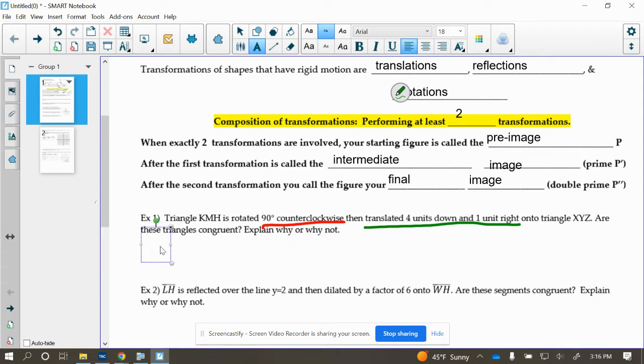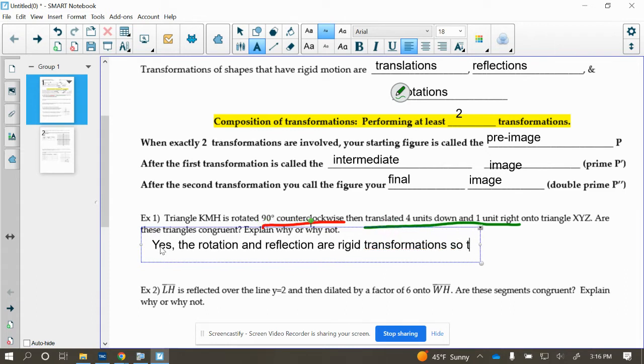And why? So are these triangles congruent? The answer there then is yes, because the rotation and the translation are rigid motions, so they will not change the size. Okay, so these will be congruent to each other, the original pre-image and then our final image as well.